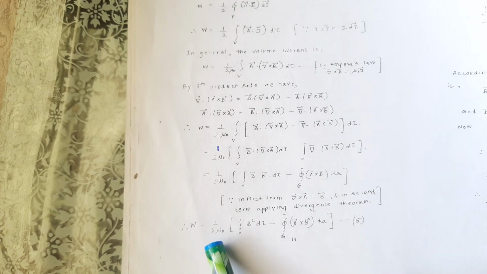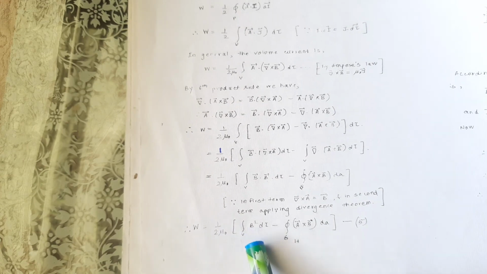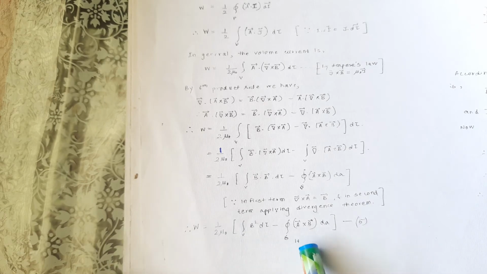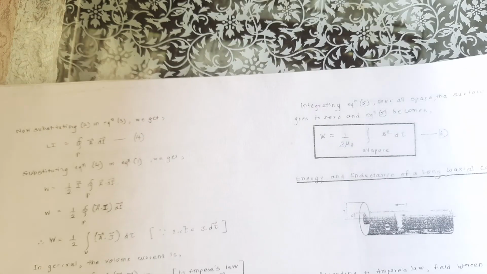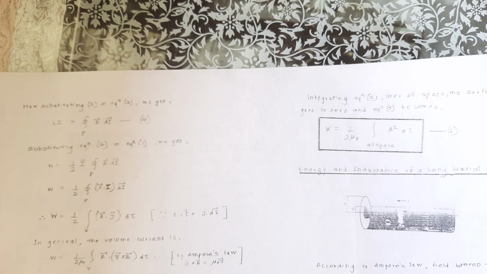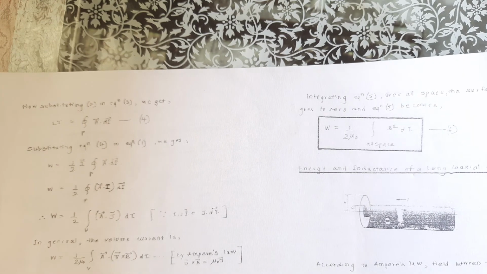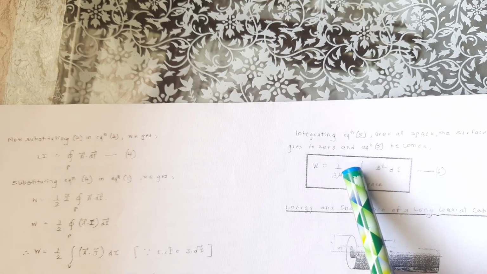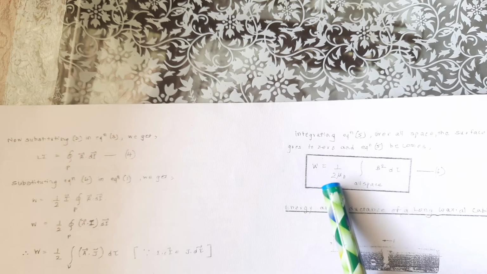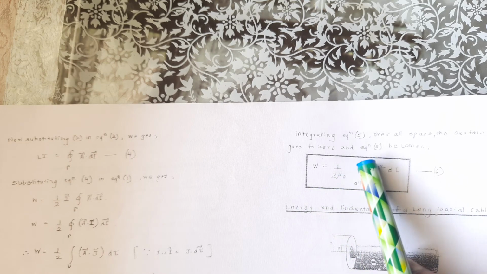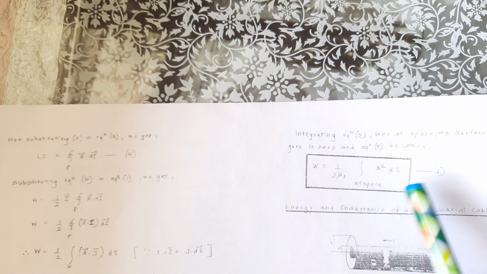So our equation becomes 1/(2 mu 0) times the volume integral of B squared dτ minus the surface integral of A cross B dA. Integrating equation 5 over all space, the surface integral goes to 0, and equation 5 becomes W = 1/(2 mu 0) times the integral over all space of B squared dτ. This is equation number 6.